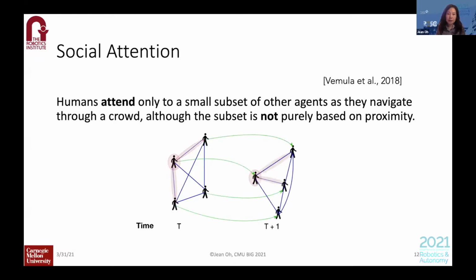And then if we include one more time step, the next time step, we can see the temporal relations. For instance, this first agent was here at time step t, and then at time step t plus 1 is at a different location.